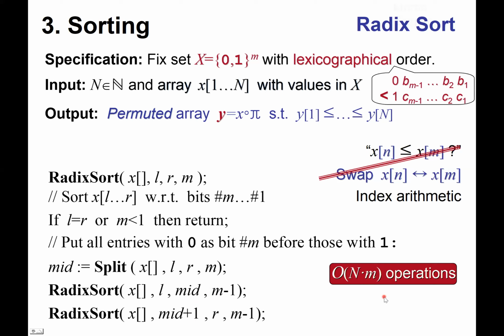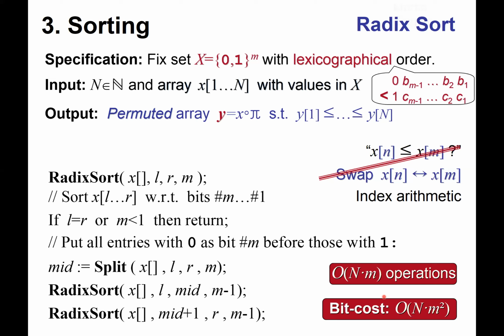And again, observe that this is not a comparison-based algorithm because it really looks at individual bits rather than just comparing entire strings. An algorithm that would only compare entire strings would be a comparison-based algorithm, but this algorithm looks at individual bits.